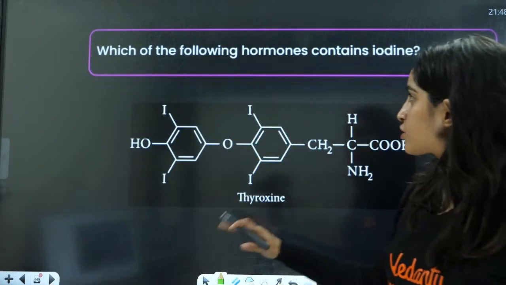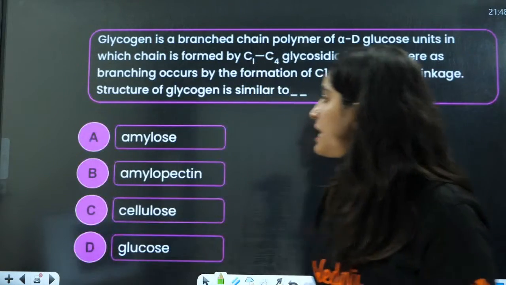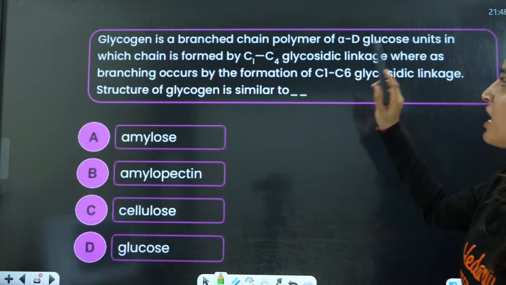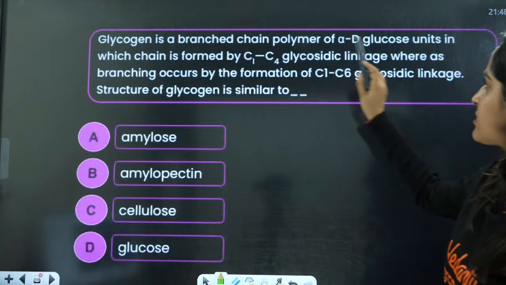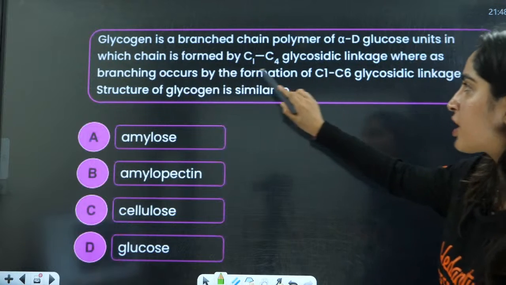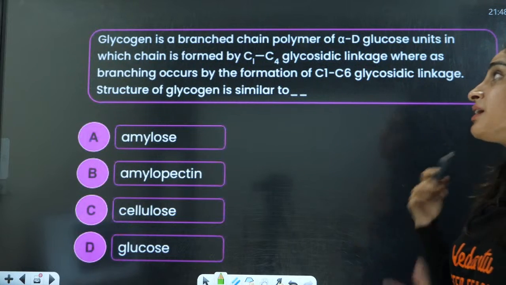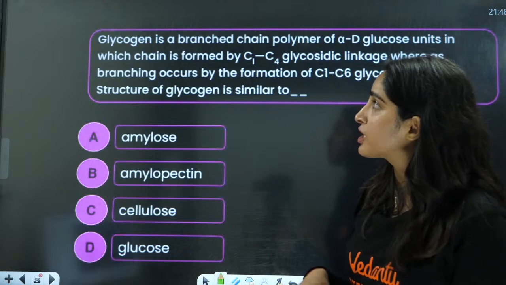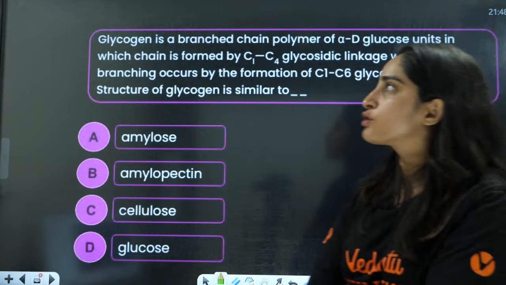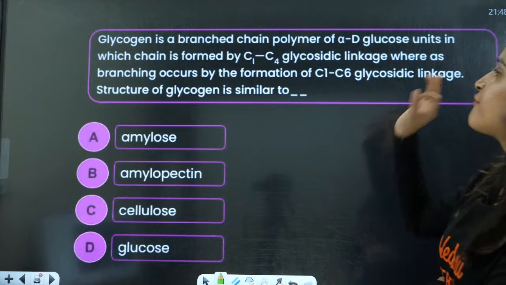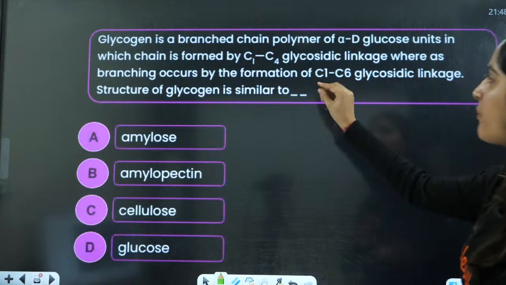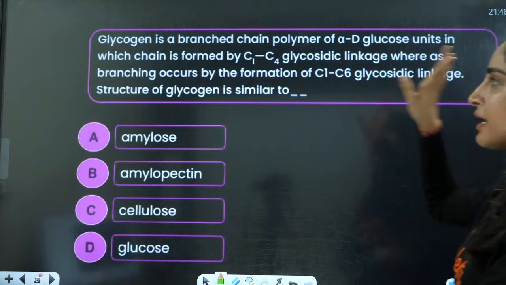Next, this is the structure of thyroxine. Glycogen is a branched chain polymer of alpha-D-glucose units which are formed by alpha 1,4 glycosidic linkage, whereas branching occurs by the formation of C1-C6 glycosidic linkage.